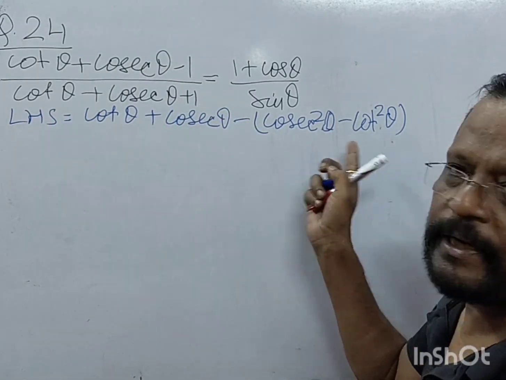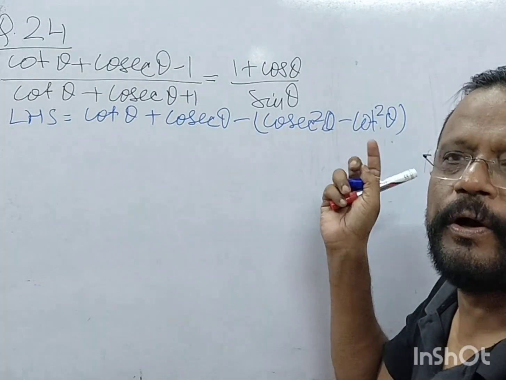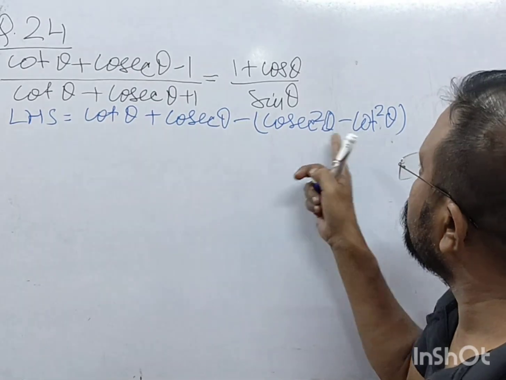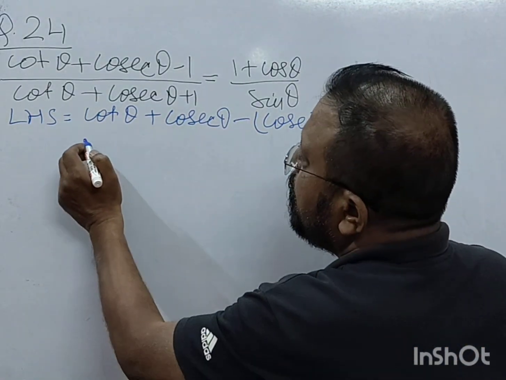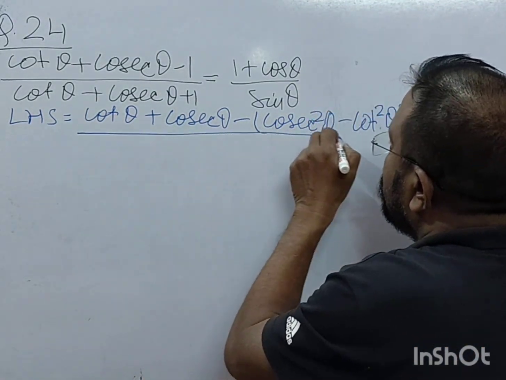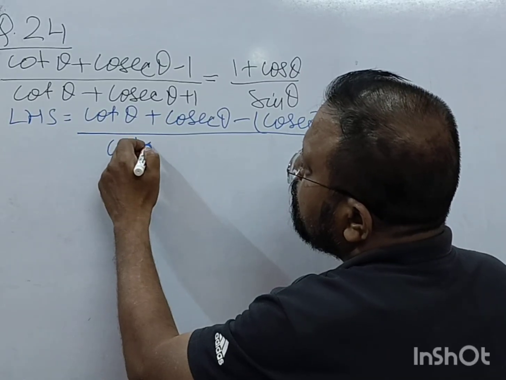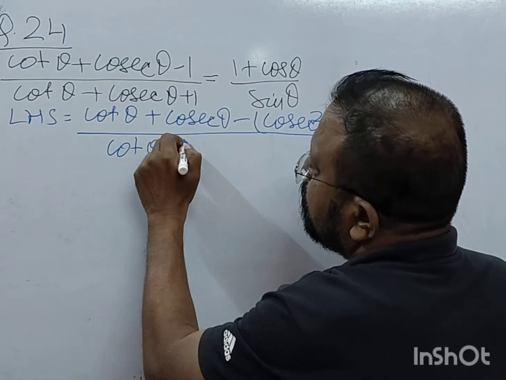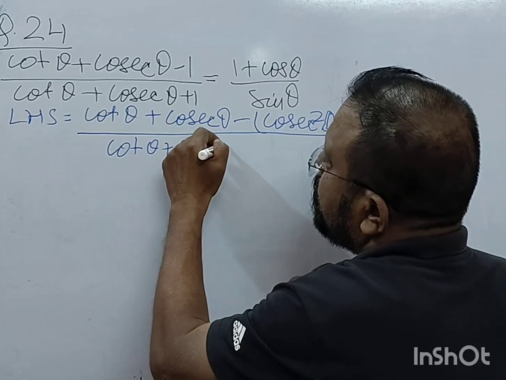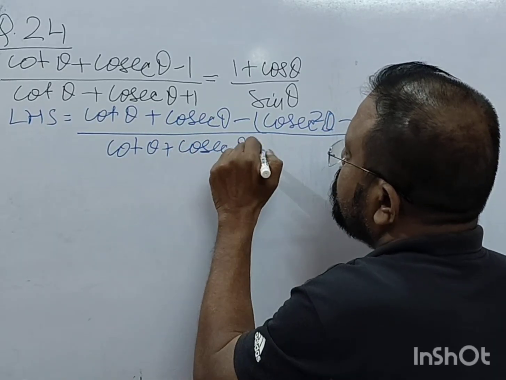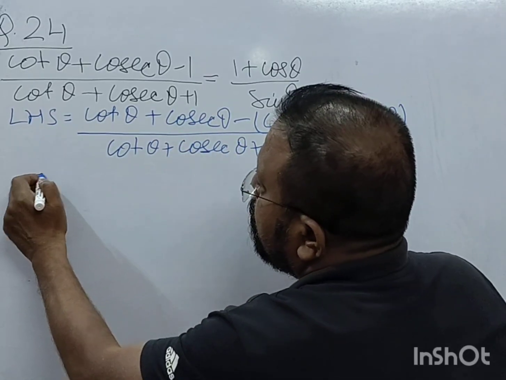Cosec square theta minus cot square theta is equal to 1. So 1 is equal to cosec square theta minus cot square theta, upon cot theta plus cosec theta plus 1.